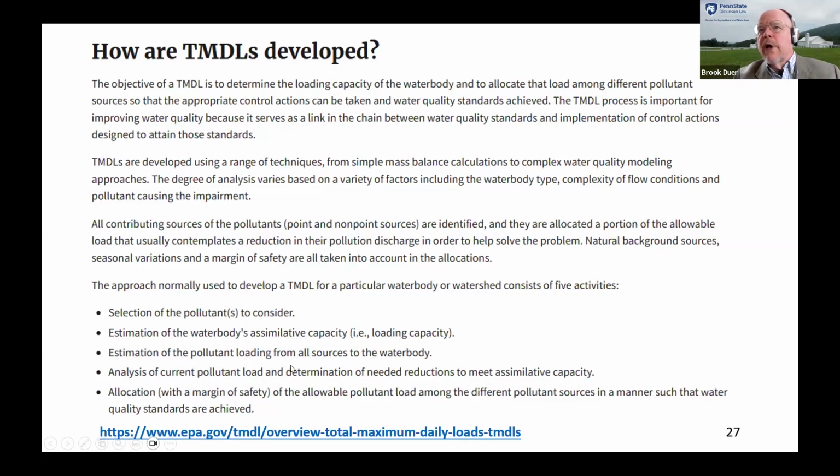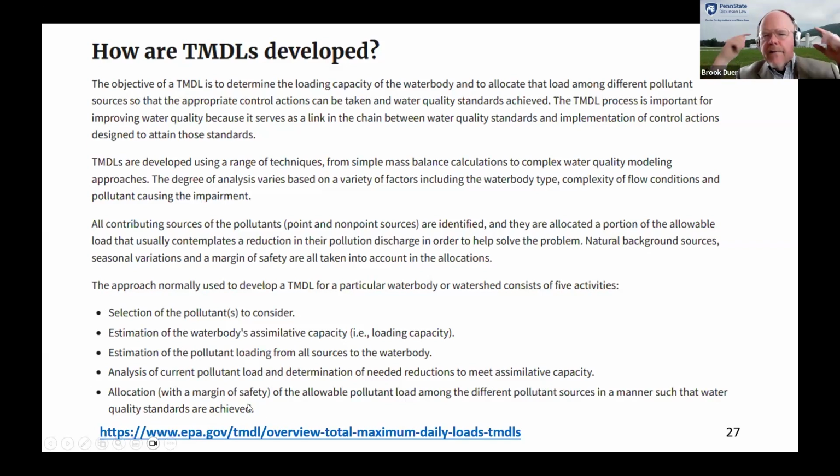Analysis of the current pollutant load and the determination of needed reductions to meet the assimilative capacity, meaning how much do we have to reduce to get ourselves back to what this waterway could handle and meet water quality standards. And then the big one, allocation with a margin of safety, a little bit of a margin of error, of the allowable pollutant load among the different pollutant sources in a manner such that water quality standards are achieved.